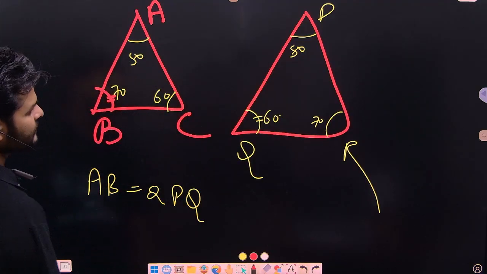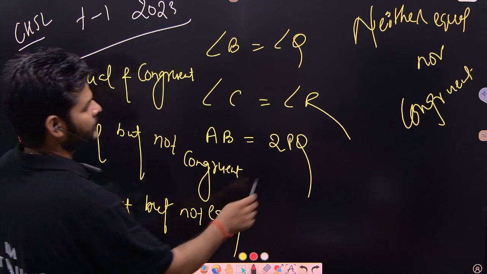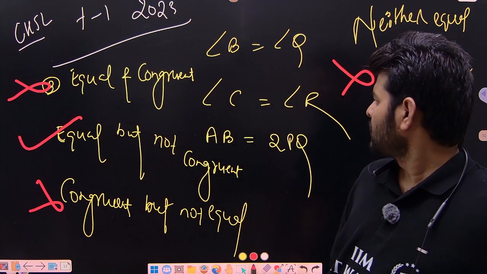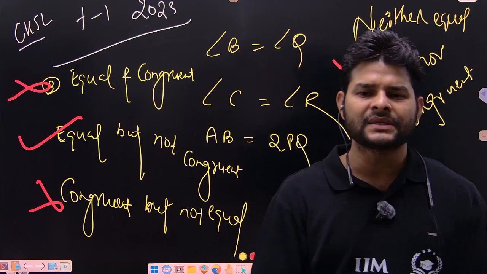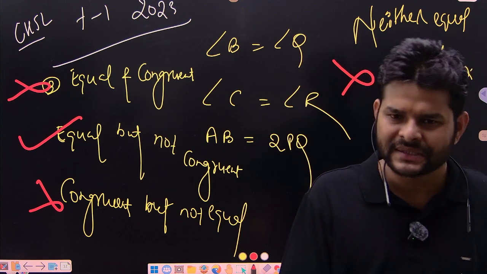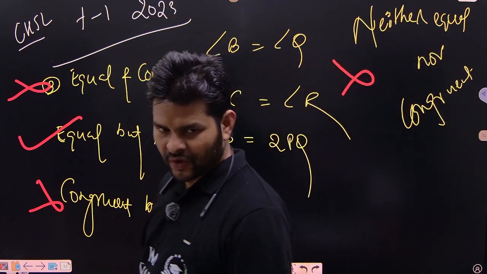So your option is equal but not congruent. Equal here means similar, not equal in size.